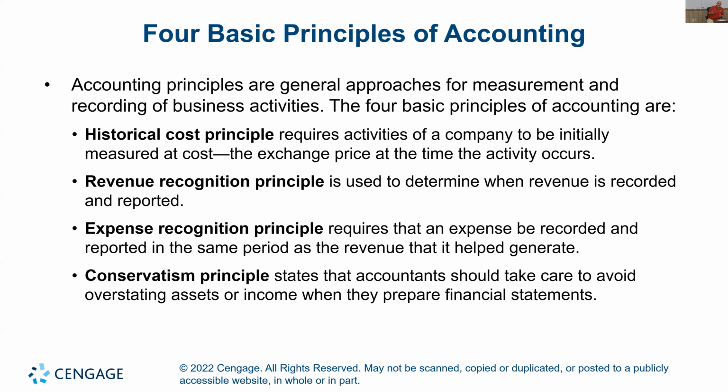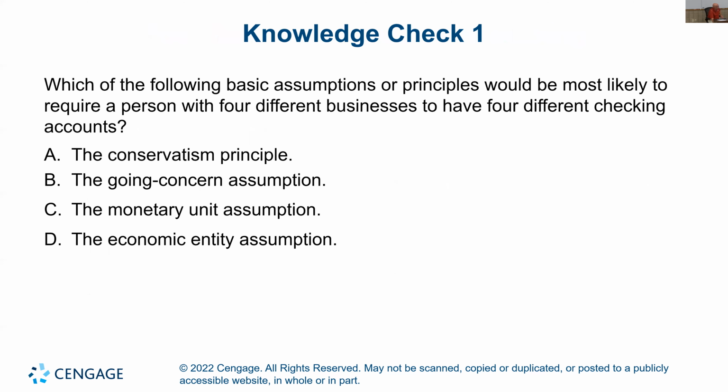On the other hand, as soon as there's even a little hint that there could be an expense, we want to get that recorded. That way we make sure we are not overstating our income or how much assets we have, because we're always delaying the revenue and rushing the expenses to make sure we get them reported.